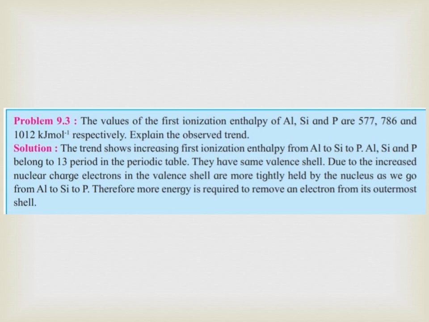That is why the effective nuclear charge of phosphorus is more, and the nucleus of phosphorus attracts the valence electrons of phosphorus more tightly. And that is why, my dear students, more energy is required to remove the electrons of phosphorus from its outermost shell. And that is why the ionization enthalpy of phosphorus is observed to be greater as compared to that of aluminium and silicon.